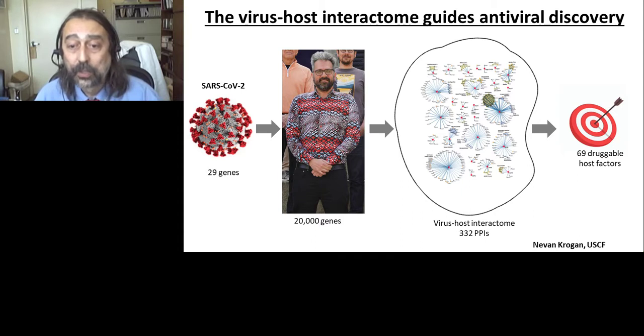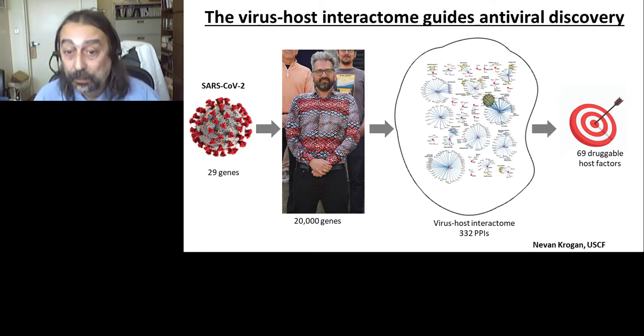And doing that, you create this map here in the middle, which is called a virus-host interactome, in which the red circles depict each of the 29 proteins of SARS-CoV-2, and the lines indicate the host proteins that have been identified as interacting with each one. With the idea, again, that if they interact with the viral protein, they are probably doing something during viral replication.